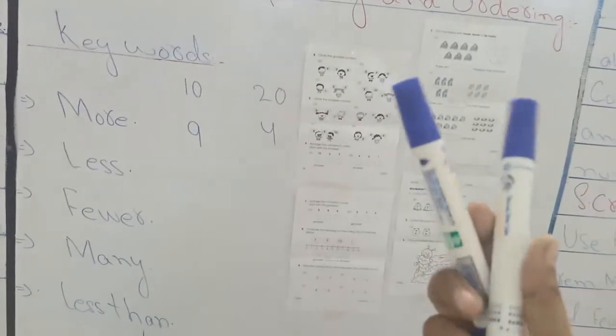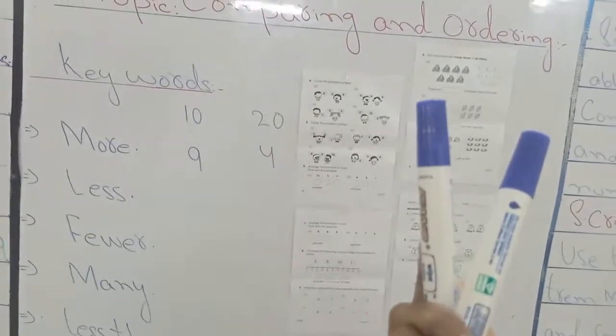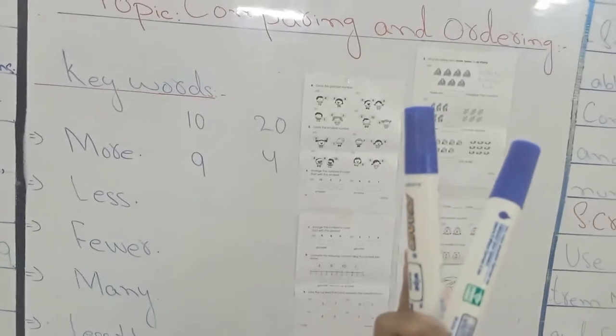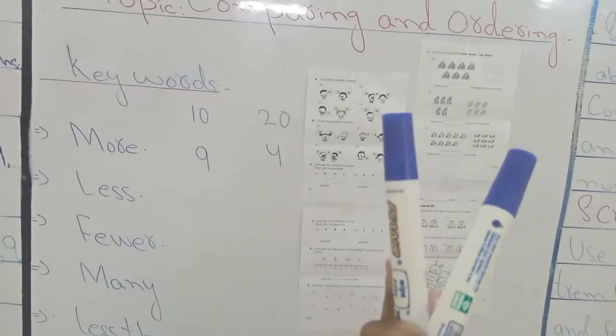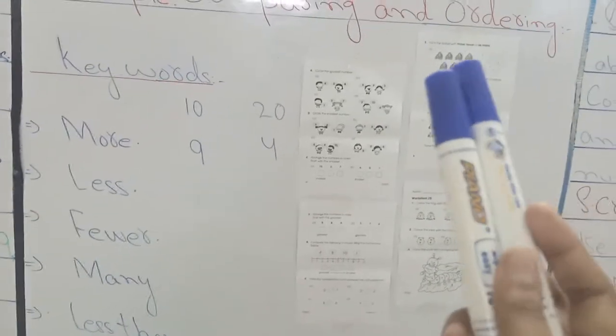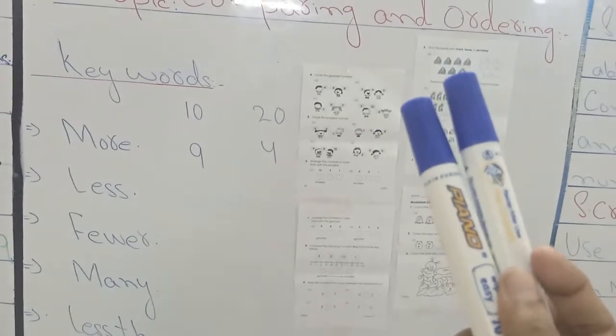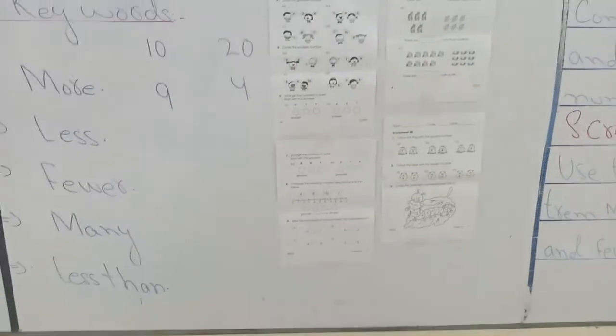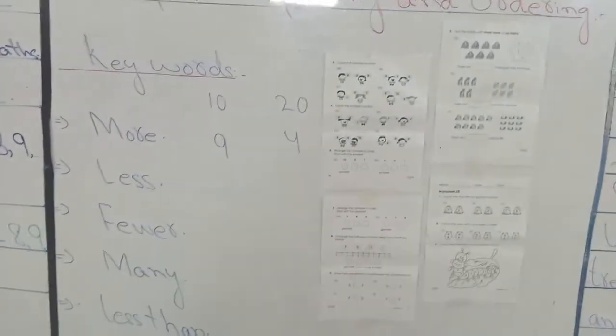Now I show the markers, then you identify. Look at these markers. These are the same. Do we compare these markers? No, we do not compare them. Why? Because these are the same markers. We do not compare the same things. Okay, I show another marker.